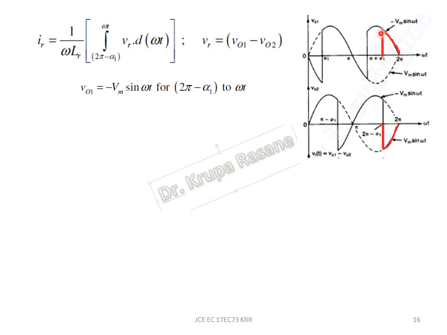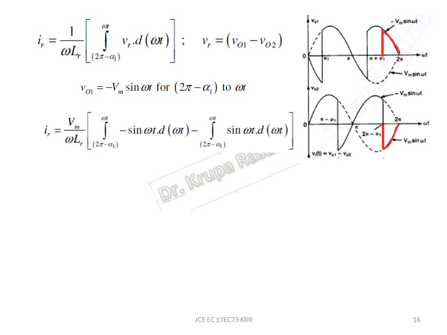From here to here it is going to be minus Vm sin omega t. So substituting, I have substituted V01 as minus Vm sin omega t, whereas for V02 it is going to be this waveform, which is Vm sin omega t.